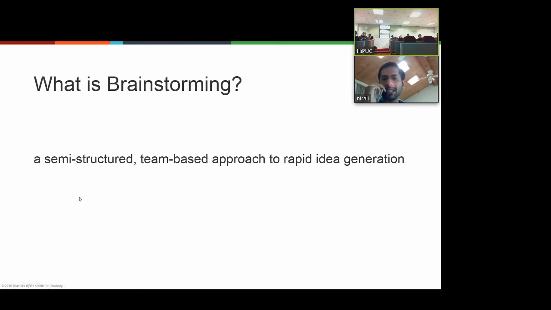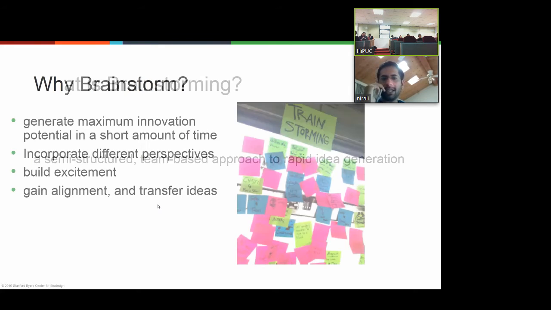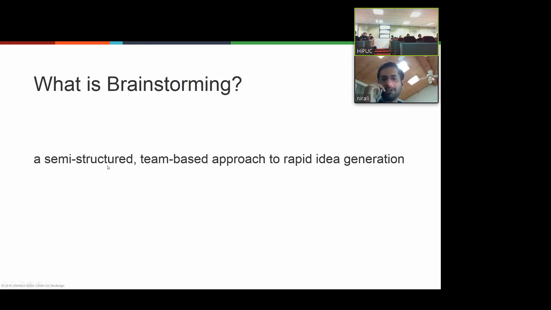So what is brainstorming? A semi-structured, team-based approach to rapid idea generation. So really, the key words here are semi-structured. So it's not, like I said, totally free-for-all. There are some rules and there's some structure to it. It's team-based.